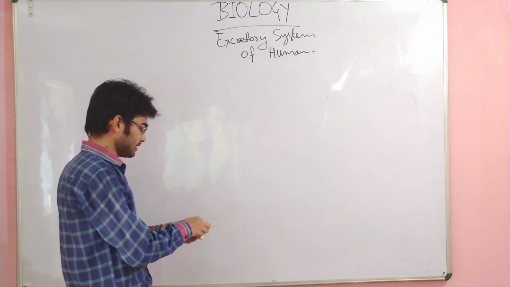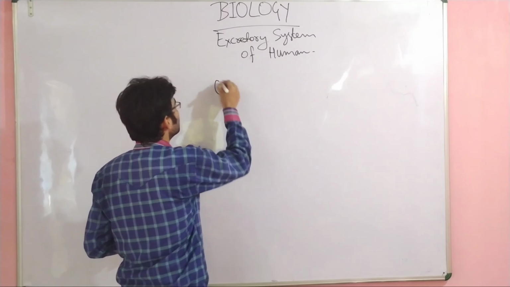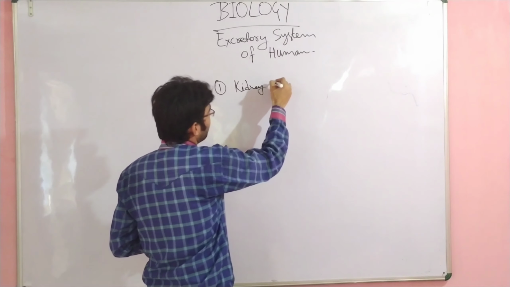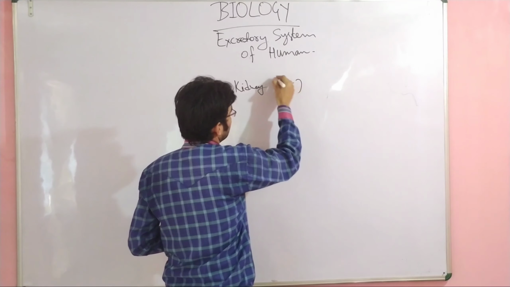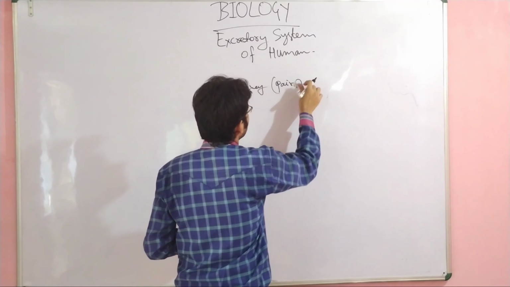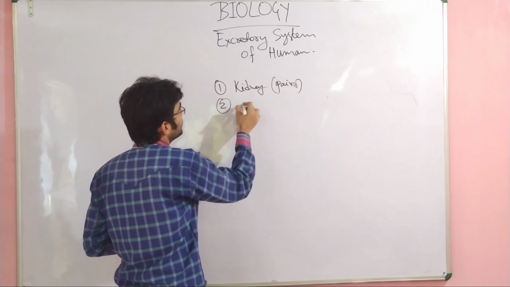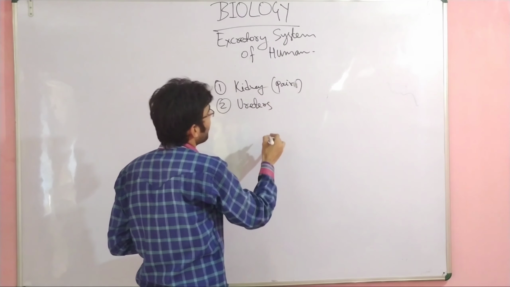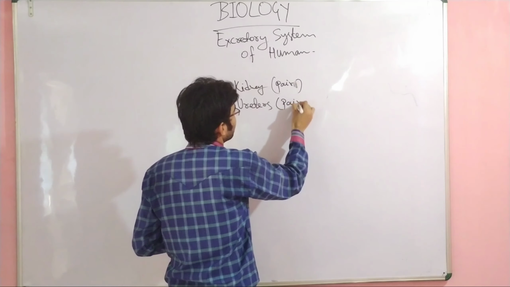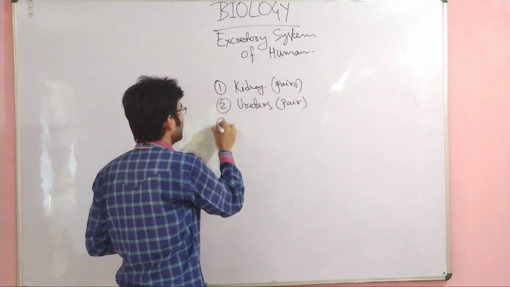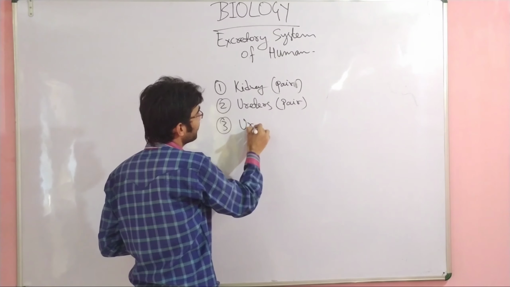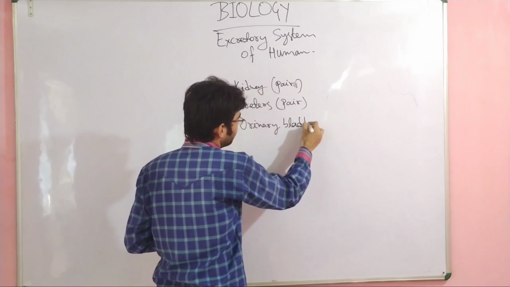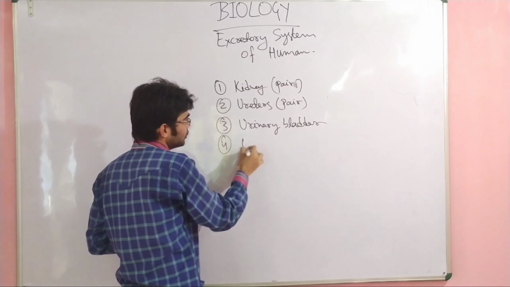So number one is kidney, it is a pair. Number two is ureters, a pair. Number three is urinary bladder. And number four is urethra.